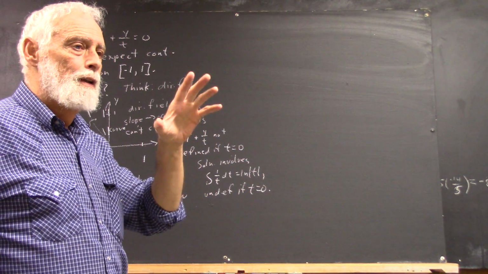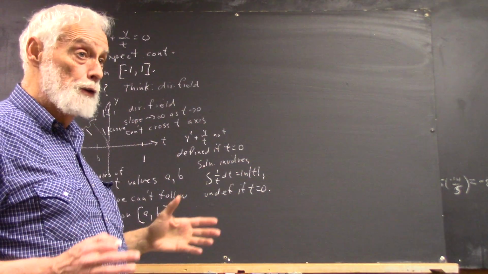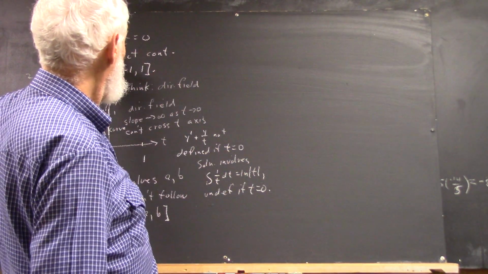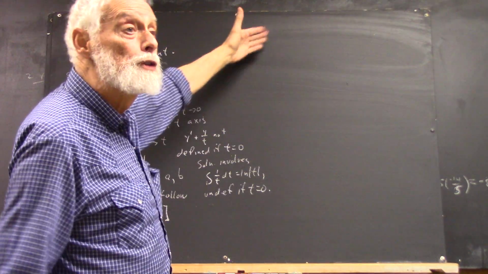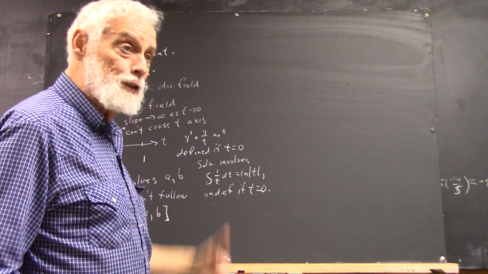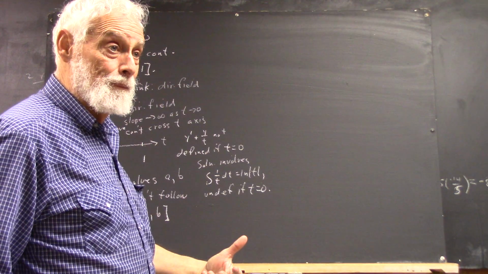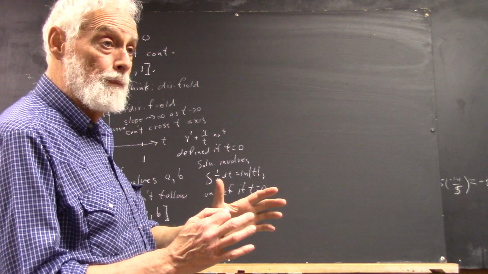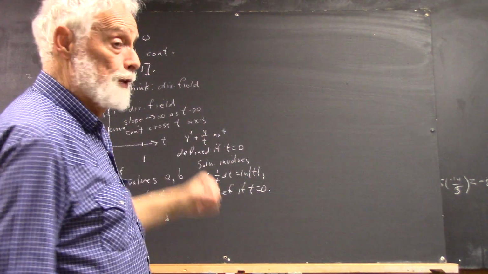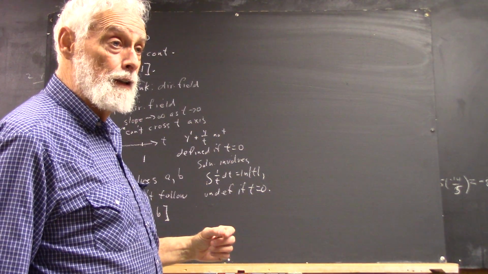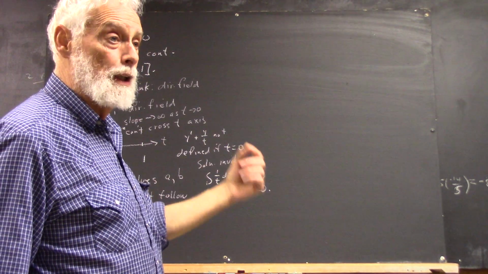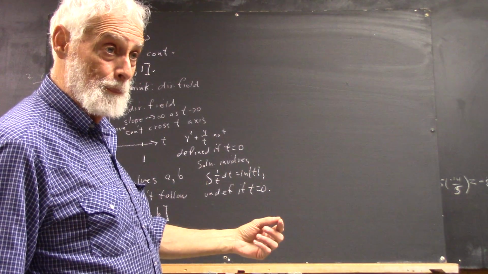The test for whether you have solutions is simply that your equation or your system of equations has to be defined for the whole interval. If there's any point in an interval where your equation or system of equations is not defined, you can't guarantee the existence of a solution.